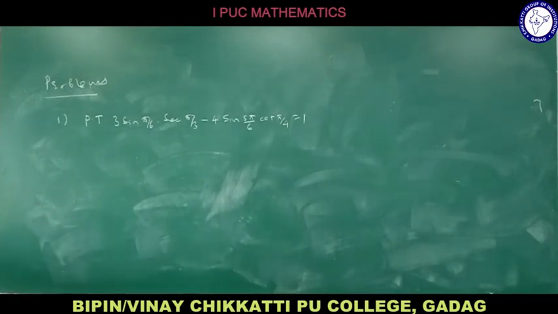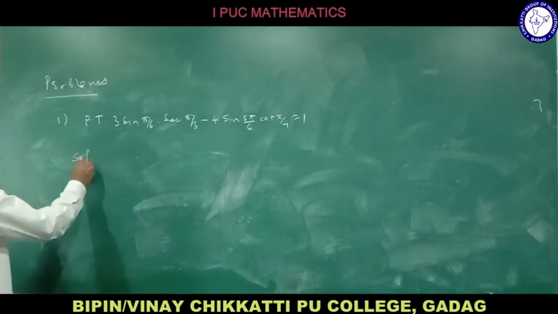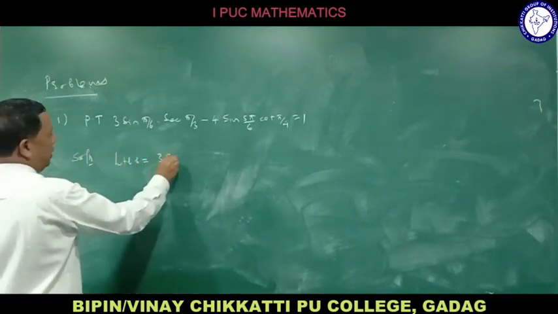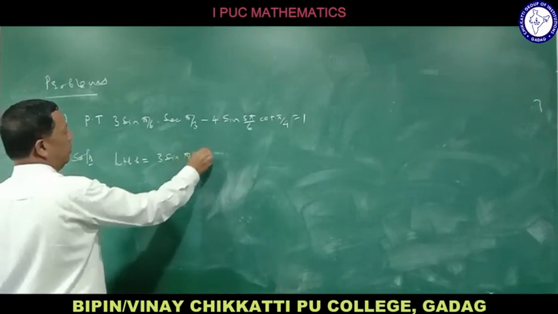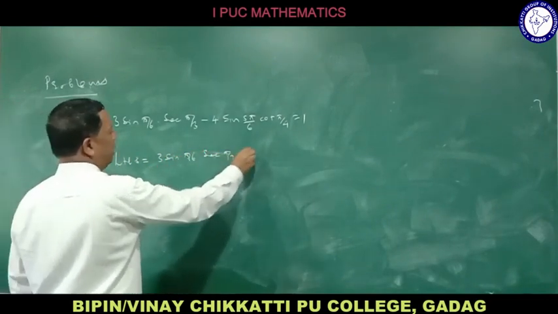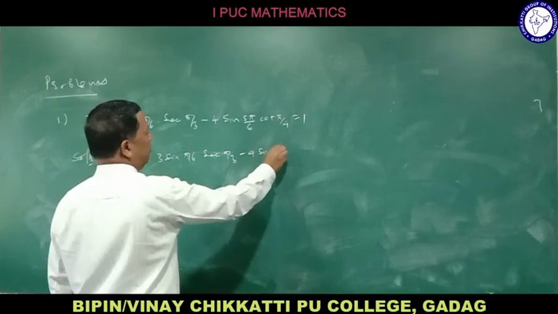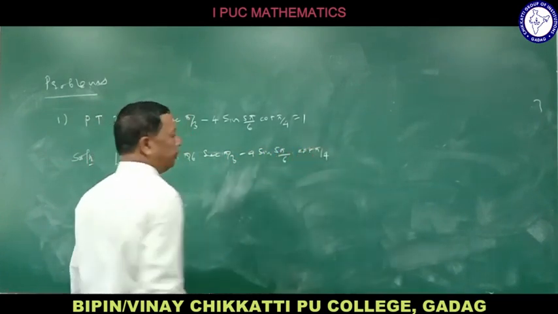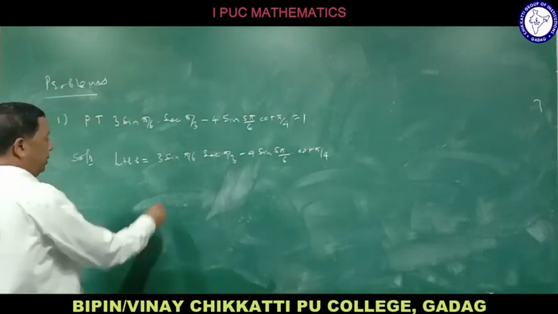That is to be proved. Look here how to prove. In the solution, I write LHS: 3 sin pi by 6 sec pi by 3 minus 4 sin 5 pi by 6 cot pi by 4. Look how to write it.